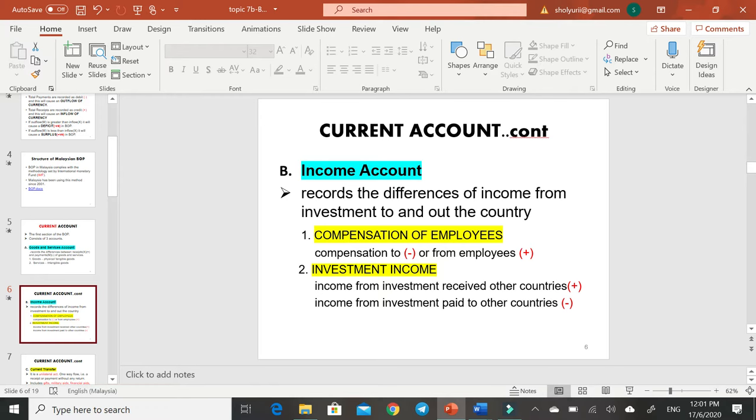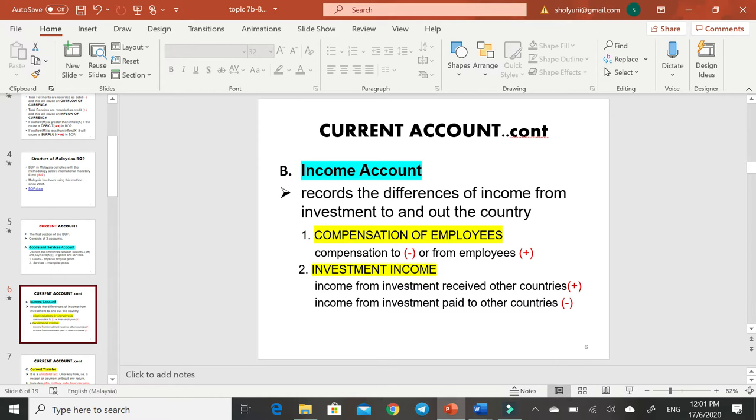It records the differences of income from investment to and out of the country. Ini saya kata foreign direct investment tu. Okay, compensation, first of all, income ni terbagi pada dua. Compensation of employee. So compensation of employee ni sama macam chapter 2 yang kita learn about bila kita nak tukar daripada gross domestic product kepada gross national product.